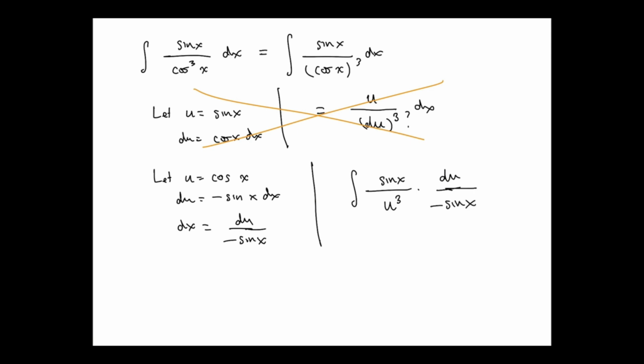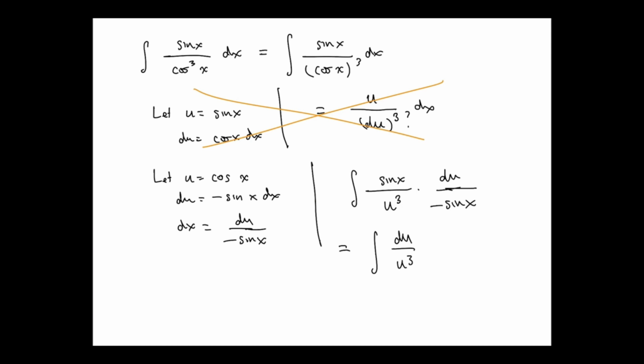And you might say, oh, wait a minute, this isn't good because I've still got both things in terms of x and other things in terms of u, but what's good here? Why is this not a problem? Yeah, the signs cancel, right? And now we just have it as du over u cubed.